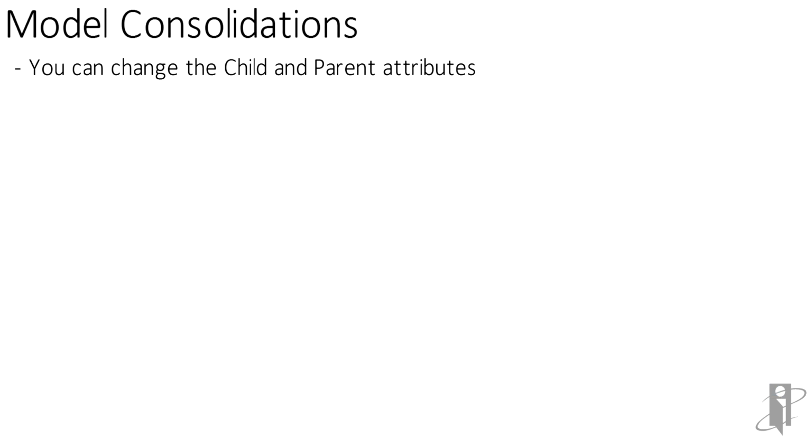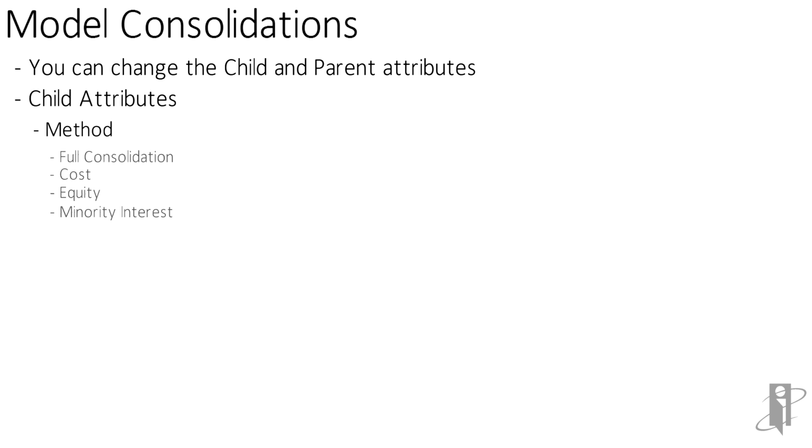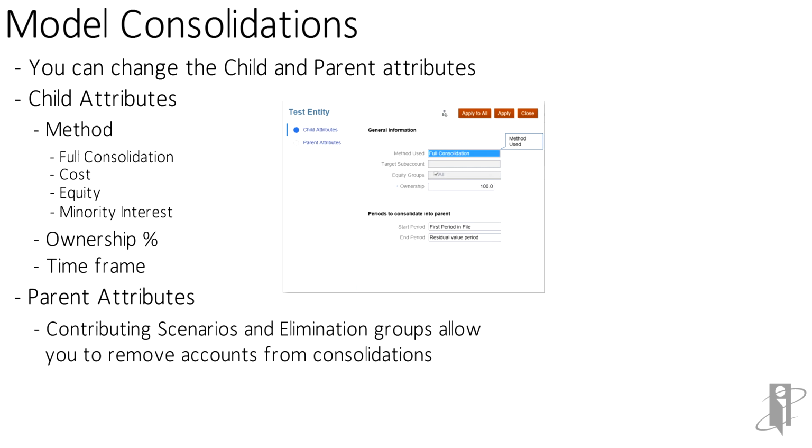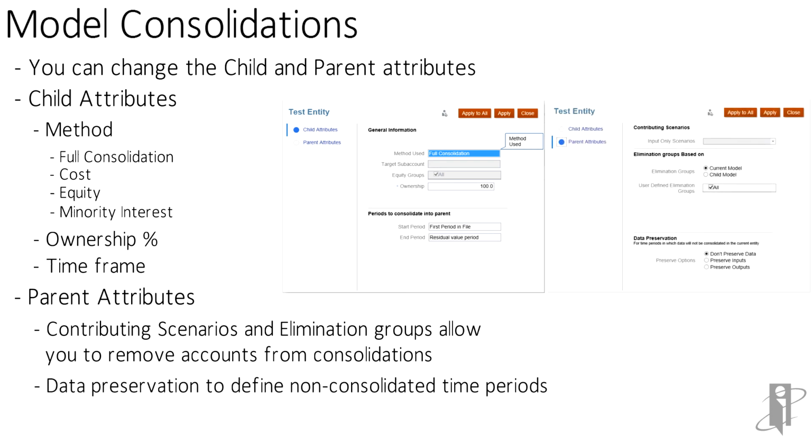Let's look at model consolidations in more detail. So remember, each model is going to be a full set of financial statements, the income statement, balance sheet, and cash flow, for one of the entities in your corporation. You may have 10 of these entities, all rolling up in a hierarchy up to the overall parent corporation. The consolidation is going to allow you to roll all these up using various methods that you might want to be using, like I mentioned before.